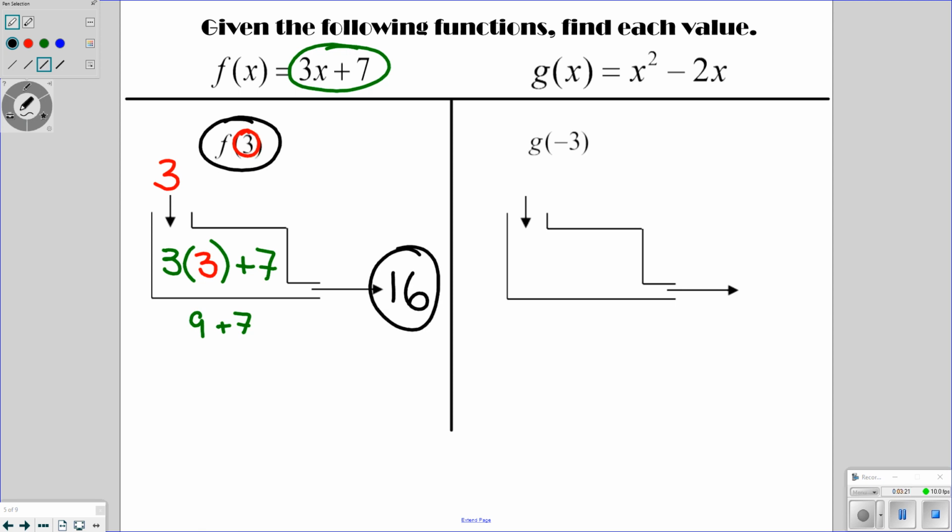We're going to do the same thing on the next problem. This problem, our input is negative 3. Our rule this time is x squared minus 2x. So I'm going to simply say, anytime I have an x, I'm going to put a negative 3 in there.